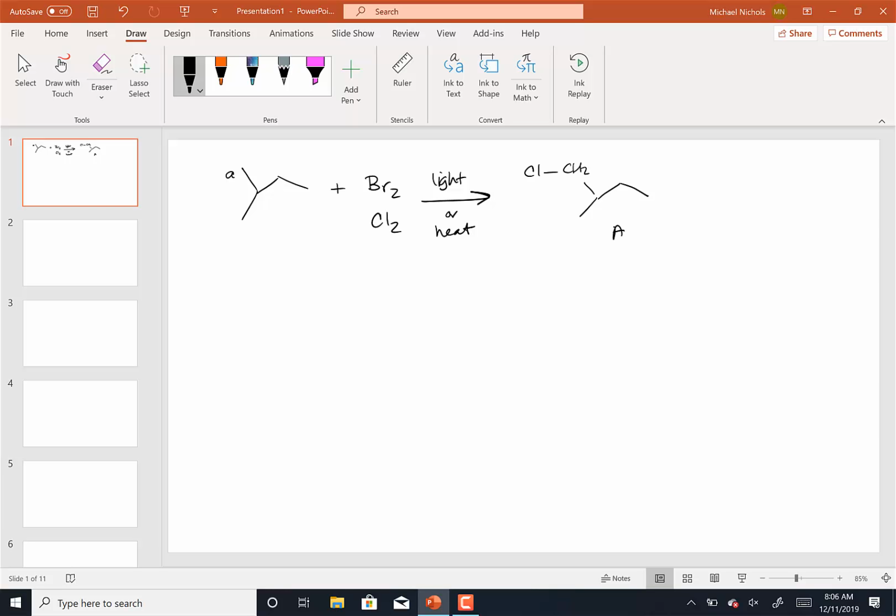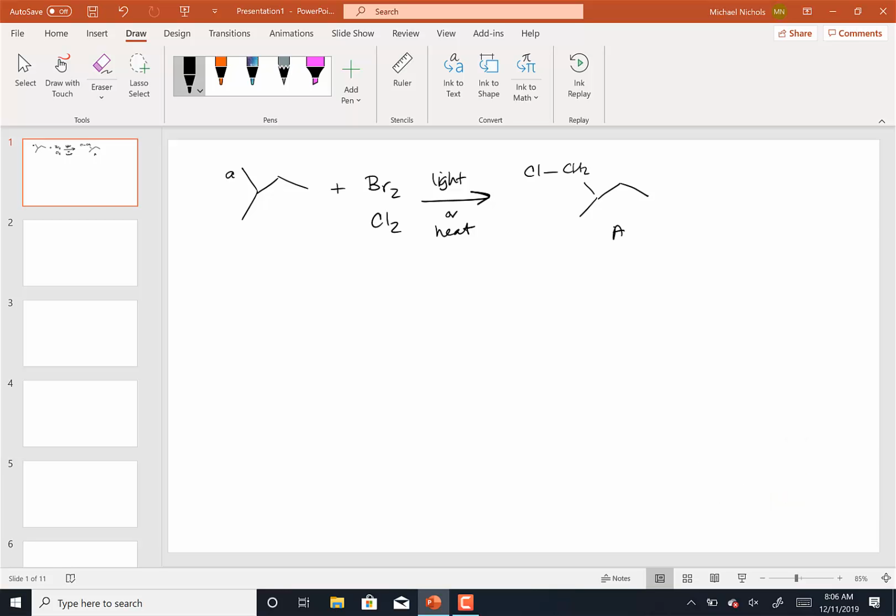So that's product A. That is going to be 1-chloro-2-methyl butane. Every time we make a new compound with a new name, it's a unique product. If we make the product with the same name, then it will be the same product.